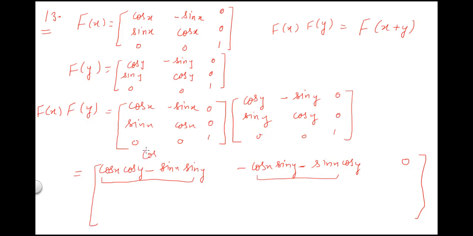This is our purpose only, because we have to show the multiplication will give us a result that is f of x plus y. So that means wherever we have x in the original matrix, at that place we will get x plus y. Rest all elements will remain same. So see here we have 0, we have got it.